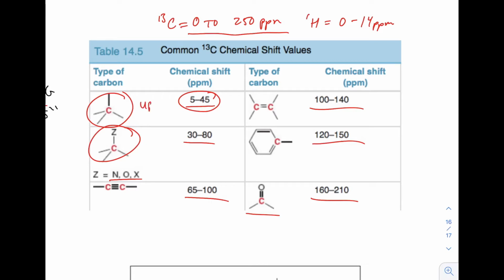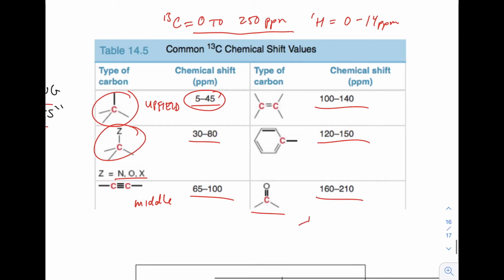So this is going to be the upfield stuff, like hydrocarbons or maybe with a little electronegative atom on it. Then we get the alkynes in the middle, and the alkenes and aromatics are further downfield, and then the carbonyl carbon is the furthest downfield, which was kind of the same for the protons on a carbonyl carbon.